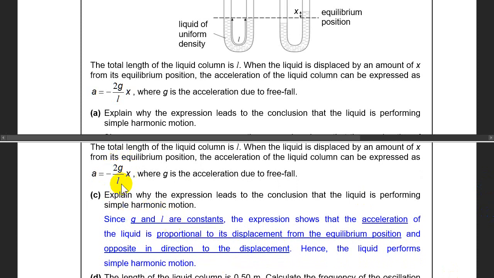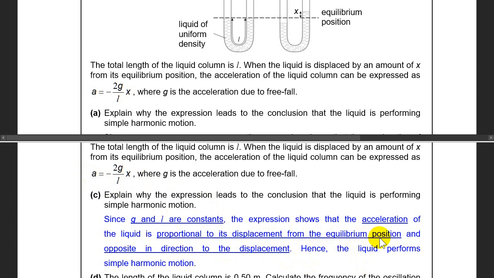Therefore acceleration is proportional, because if g and L are not constant, then they are not proportional. But since g and L are constant, a is proportional to x, which is the displacement from the equilibrium position. So that's the first thing you tell them.